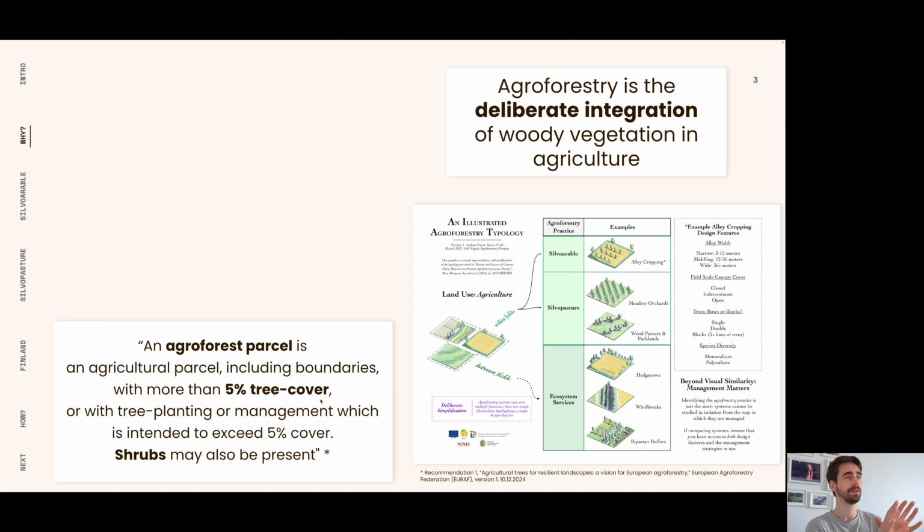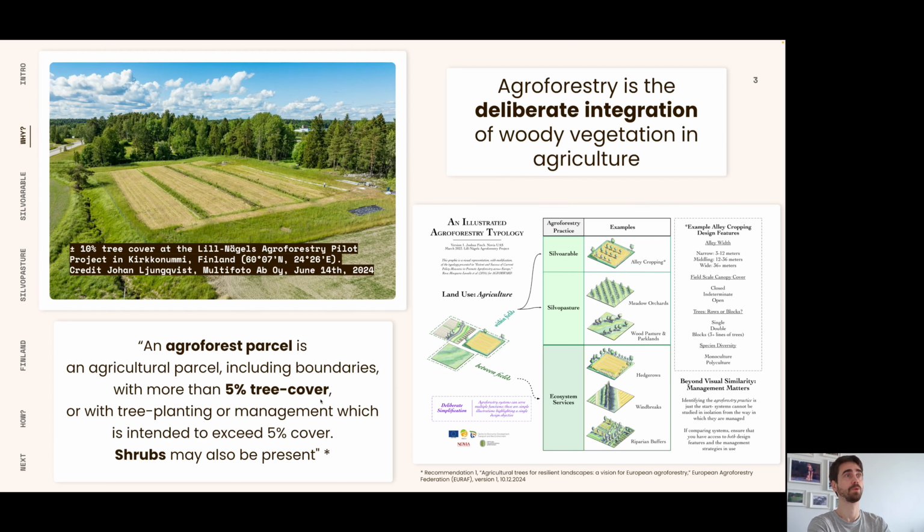What we want to do is also remember that there's a whole group of species that can be considered as shrubs that are also woody that can bring many of the same benefits as trees. What does that look like?